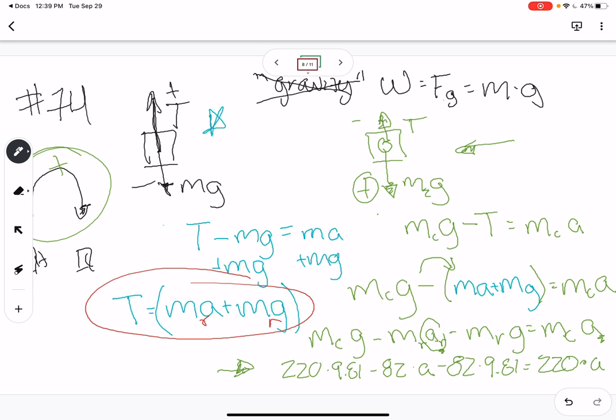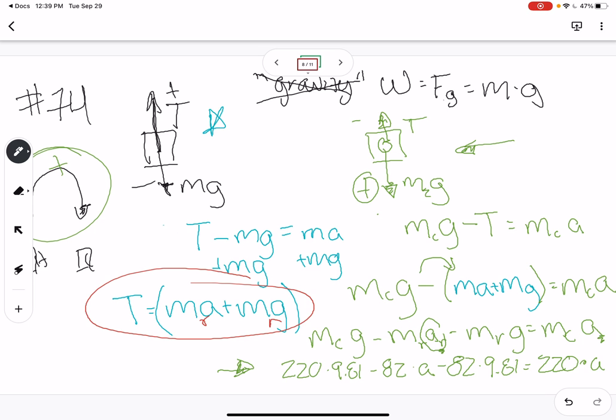How did you know that when you put the positive and negatives, you could just switch it for the different objects? In this case, we were assuming a direction in terms of what was going to happen with acceleration.